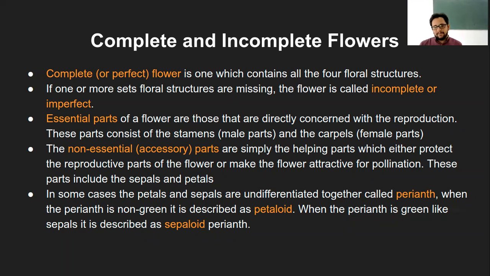Another way of classifying floral parts is based on how much function they have in the process of fertilization. They are called essential or non-essential. Essential parts are the ones directly involved in reproduction, that is the androecium and gynoecium, or stamen and carpel.